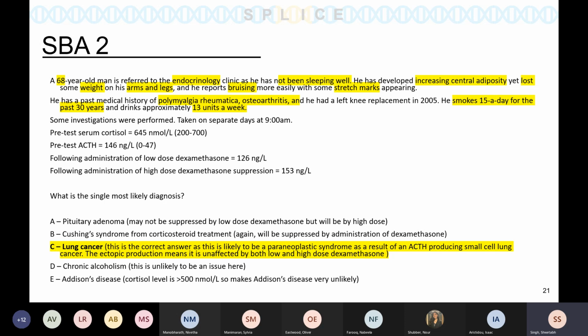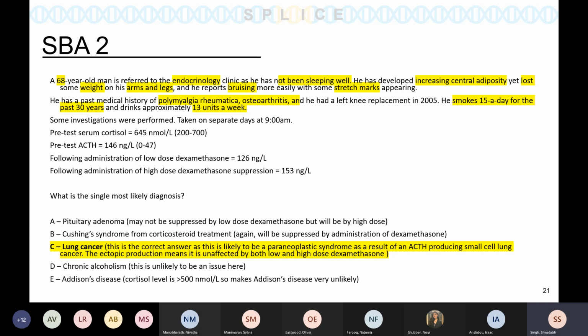Past medical history of polymyalgia rheumatica, osteoarthritis, polymyalgia rheumatica, looking at steroid treatment, red herring. He smokes 15 a day for the last 30 years. So he's got an extensive smoking history, drinks approximately 13 units a week.